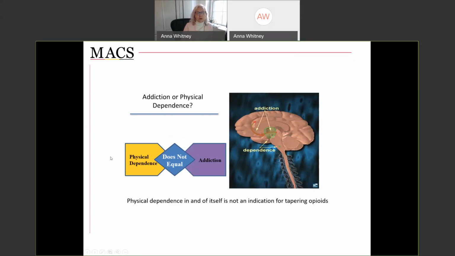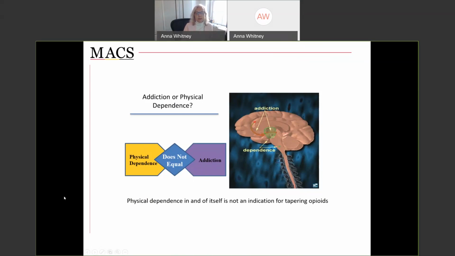While there is an overlap, and people who have an opioid addiction will also often have physical dependence, people who take their opioids every day, 60 milligram morphine equivalents or higher for at least a week, will develop physical dependence as manifested by tolerance and withdrawal, but they may not actually have that addiction, that compulsive, uncontrolled use and continued use despite harmful consequences.